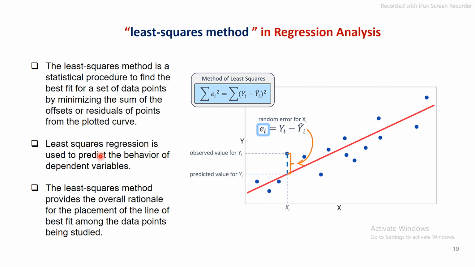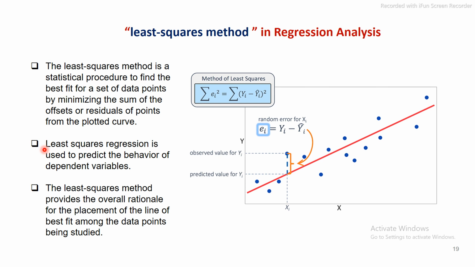The least squares regression is used to predict the behavior of the dependent variable. You might have seen this earlier or in other subjects. In regression analysis, we keep on finding this ordinary least squares, where we have some charts with the R square value. Also there is something called the adjusted R square value.